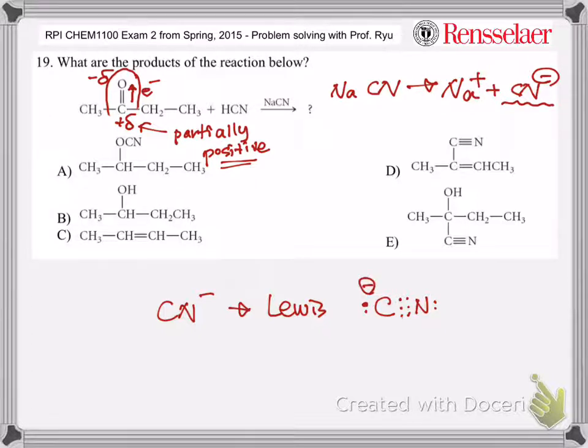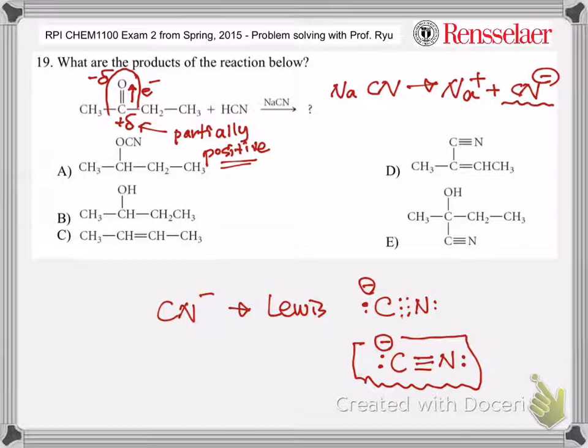The way people write it is a triple bond with lone pairs, but the charge is heavily populated on the carbon side. And so this is what has been made from sodium cyanide.